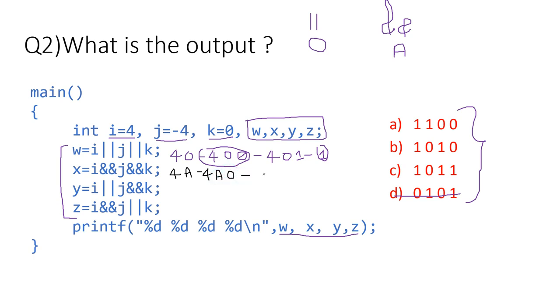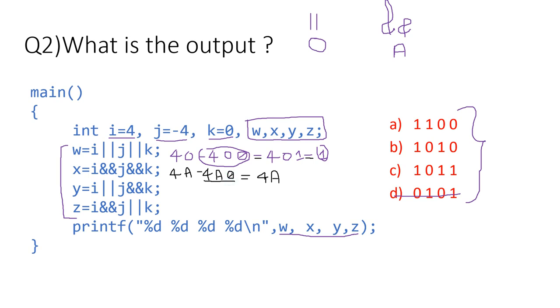Next it evaluates these two, so your 4 remains as it is. Remember, this is not a minus symbol, this is an equal to symbol for the next one. -4 and 0 will give you 0, since this is a logical AND operator and both the operands need to be non-zero numbers.